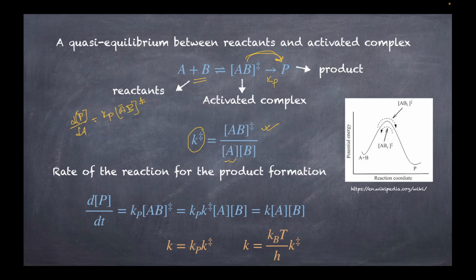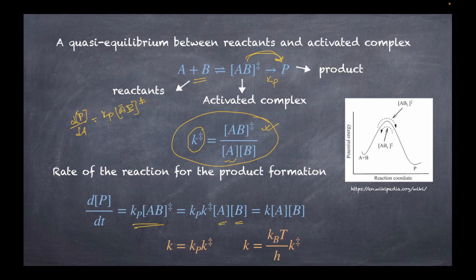So dP/dt equals kp times AB double dagger. Now from the equilibrium expression we can find the concentration of AB double dagger, which is equal to K double dagger times A times B. So kp times K double dagger, concentration of A, concentration of B.